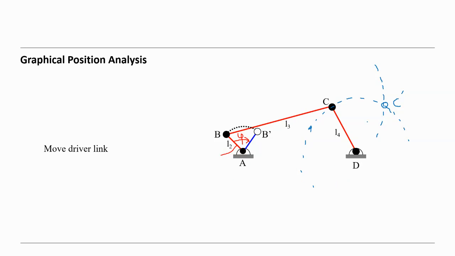So then this position here will be the initial position of DC prime. So we can also draw this line here to connect the B prime and C prime. So then we have this new position.